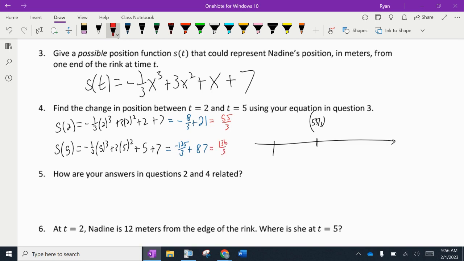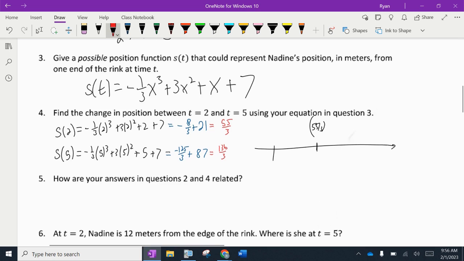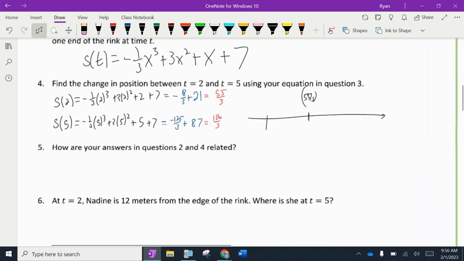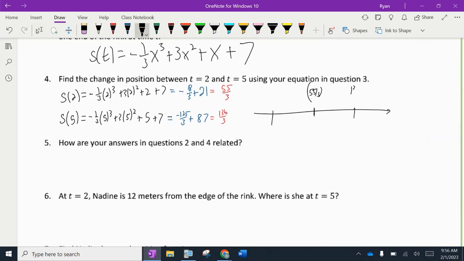Because the velocity was positive, from my original graph that we looked at, this whole time, even though Nadine's slowing down, her velocity was still positive, so she was moving in the positive or the right direction. That's why this position is further to the right. So at 5 seconds, she's at 136/3.